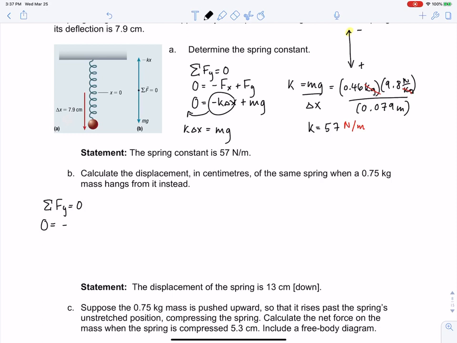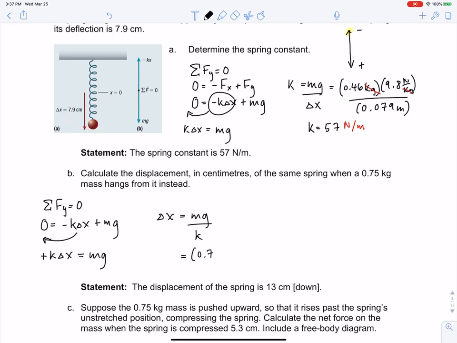We have the force of the spring, K delta X, pulling up, and the force of gravity pulling down. In this example, we want to solve for delta X. Bring this over the equal sign, we get K delta X is equal to mg. Solving for delta X, we get delta X is equal to mg divided by K. We can sub and solve.